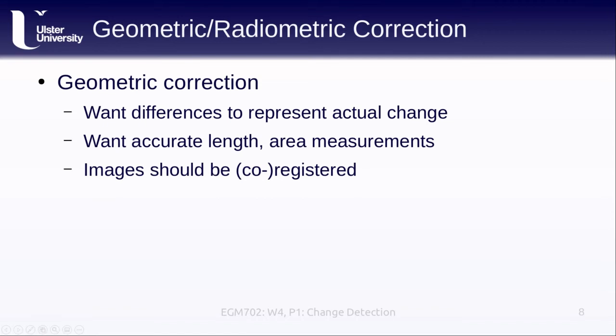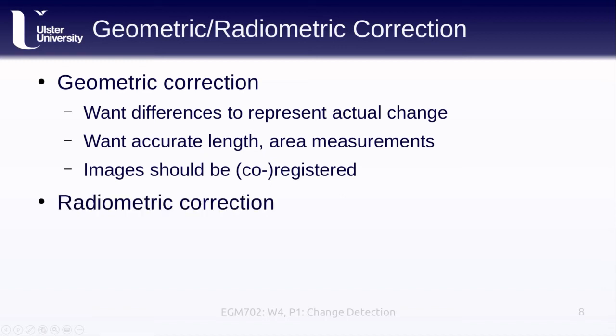We should also make sure that the images are co-registered, because we want to make sure that the changes that we are seeing are happening in the same location in each image, and that each image is lined up so that we're not also seeing shifts between the images when we start looking at changes.